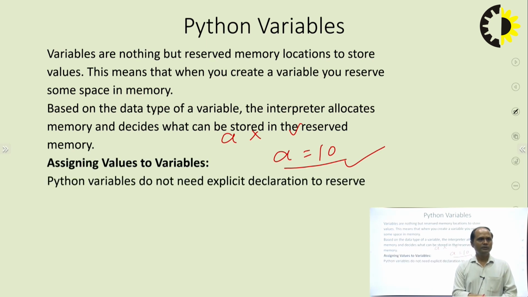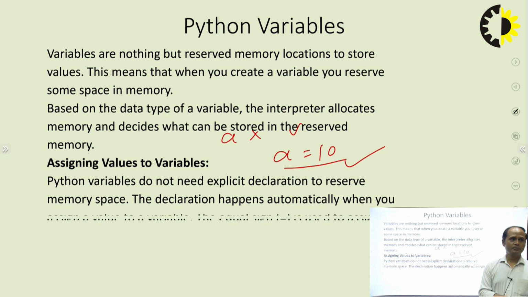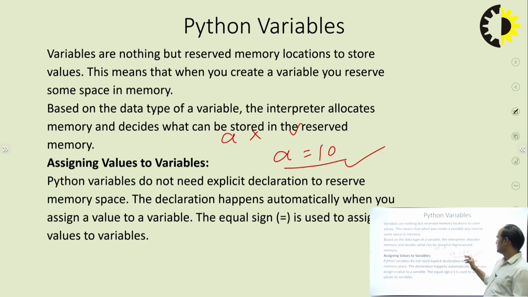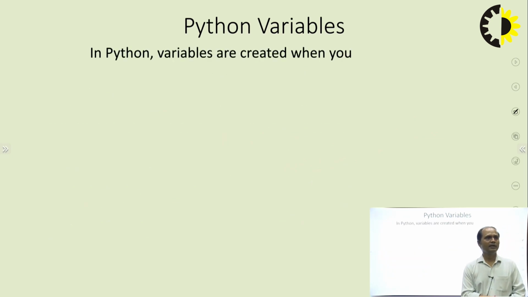Assigning the value does not need explicit declaration to reserve memory space. The declaration happens automatically when you assign the value, and you can simply create a variable like this. This is called a Python variable.